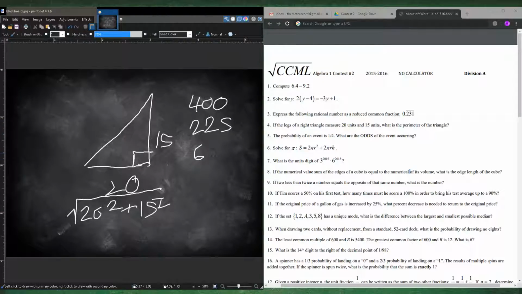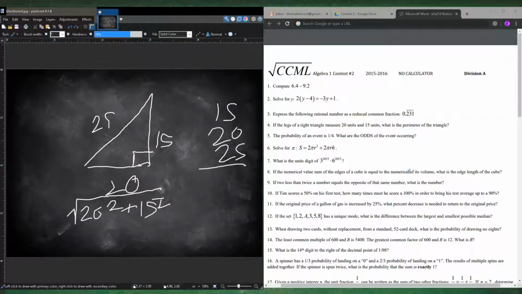Adding that together, that's 625. So the square root of 625 is 25. So 15 plus 20 plus 25, all 3 side lengths added together, gives you a perimeter of 60.